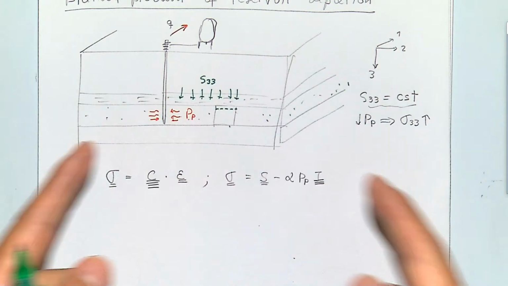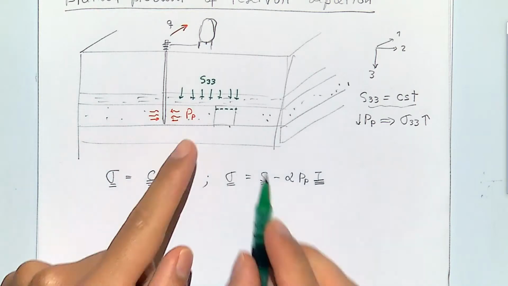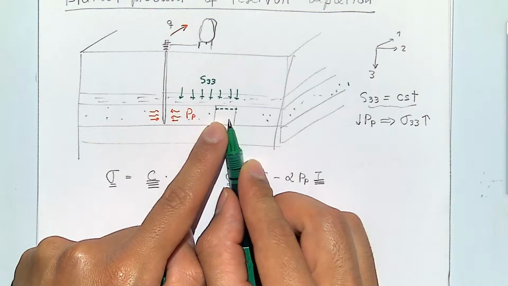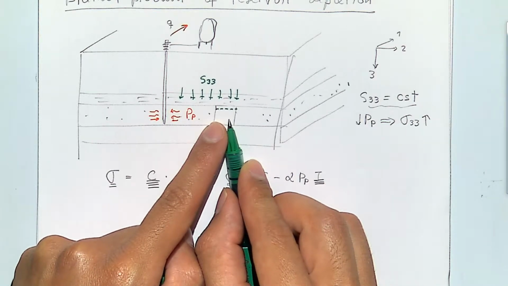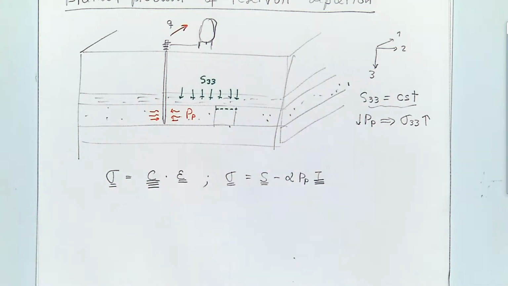But now the question is in the horizontal direction. What's going to happen in the horizontal direction? Do you think that the rock will deform in horizontal direction? Or it would expand? Okay, so what we have seen is that if you apply deformation to a solid in one direction, because of the Poisson effect, it should expand, right?